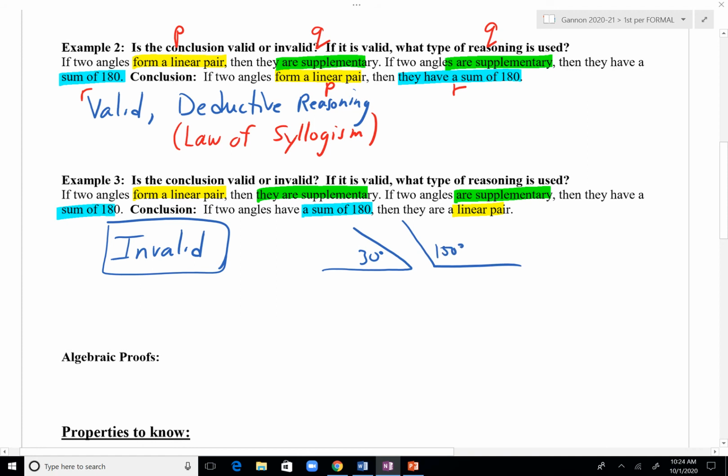Well, those have a sum of 180 degrees. Then they are a linear pair. Those are not a linear pair. They're not two adjacent angles that have that sum of 180 degrees. So again, you've got to be careful as you read these and make sure that the statements are always true. So we had an invalid conclusion in this situation.